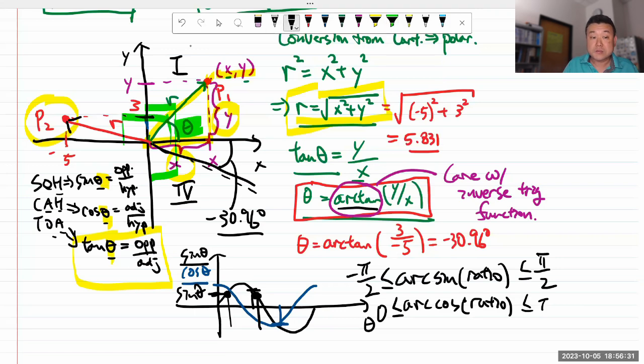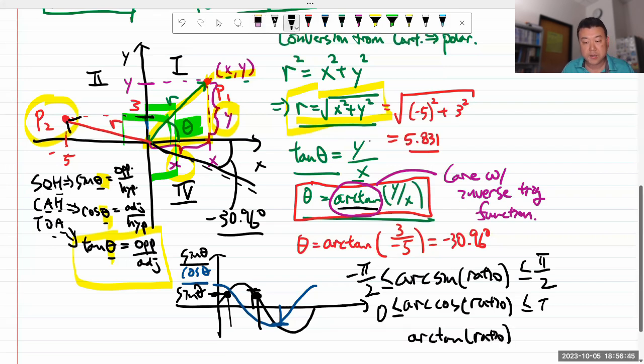And finally, when you have arctangent, for whatever ratio you put in, with arctangent the domain is all the real numbers. Then the smallest value it'll give you is minus pi over 2, and the largest value it'll give you is pi over 2.